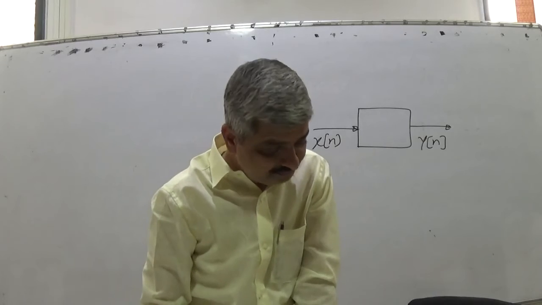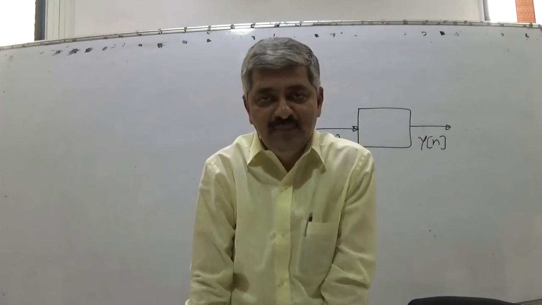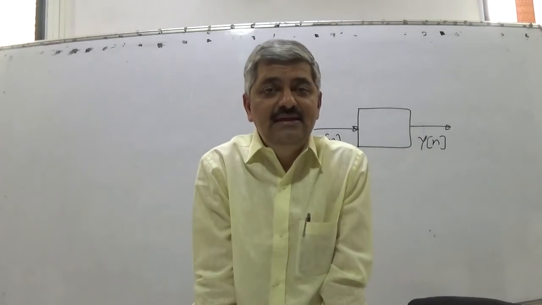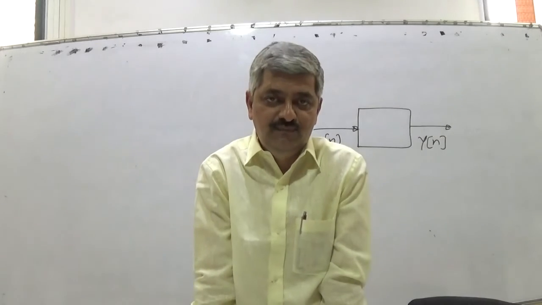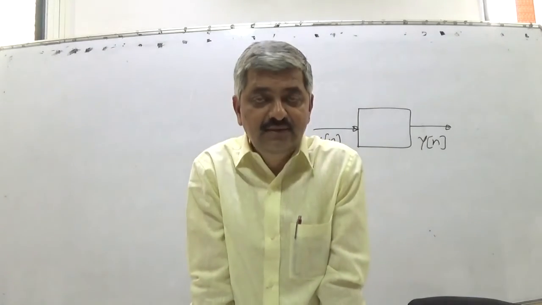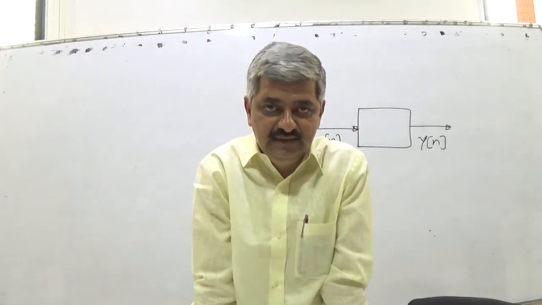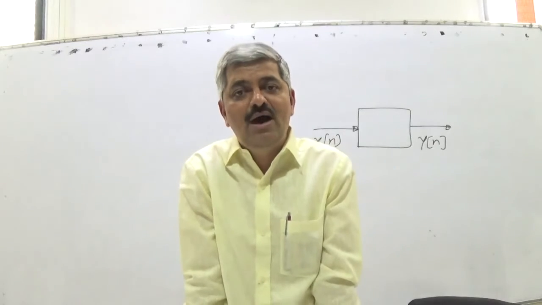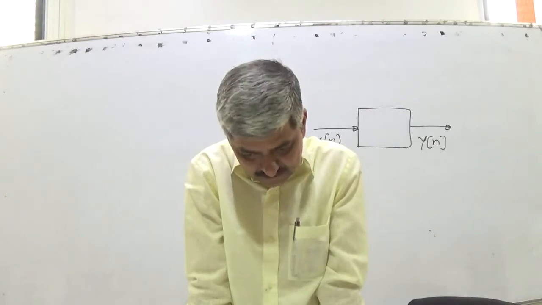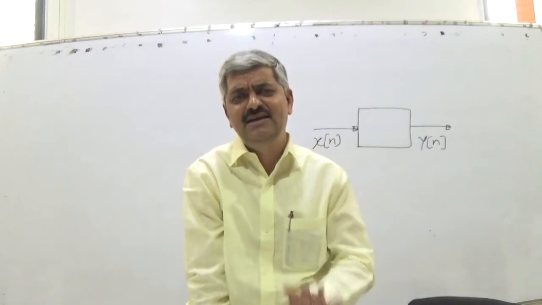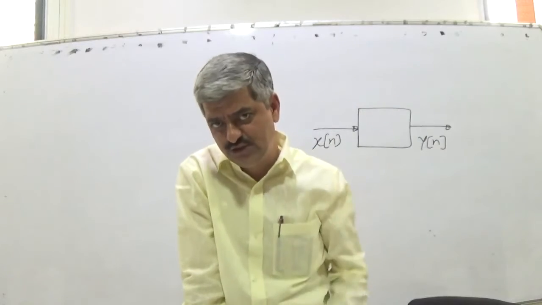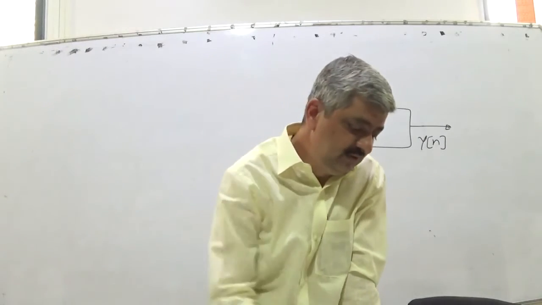Is it clear? That means scaling and additivity. These two are required for a system to be linear. I am explaining it in a simple manner; you can watch the standard videos.